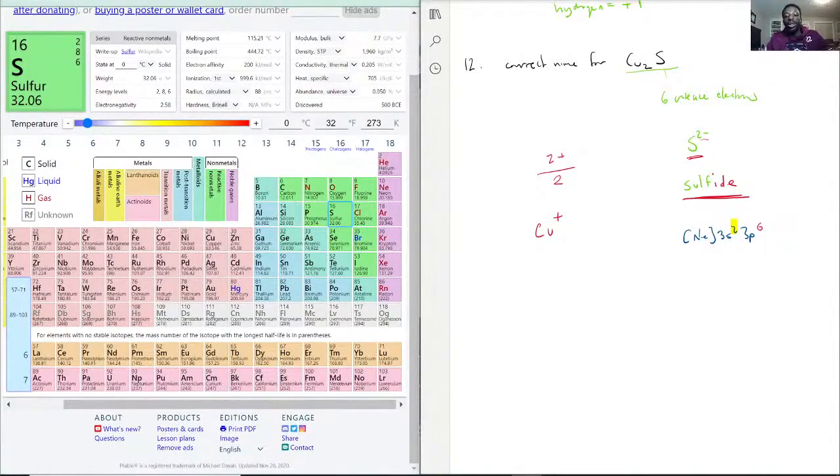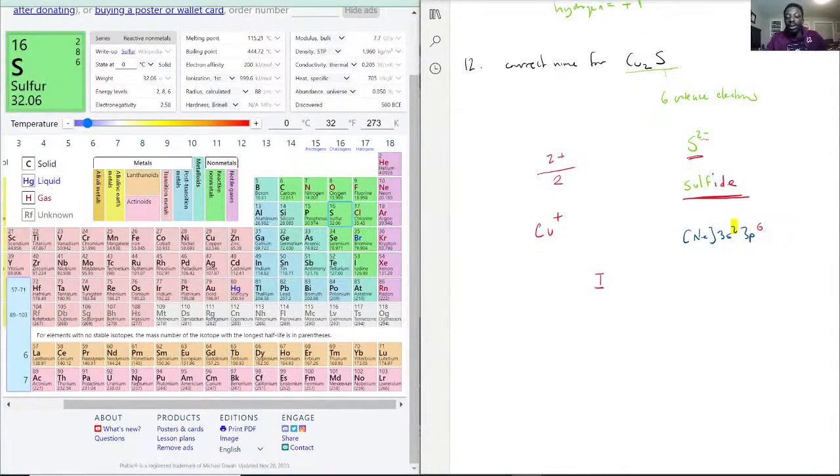When it comes to transition metals, there's a specific way to name these. You have to put in parentheses what type of copper it is, hence the charge. If it has 1 electron being lost, it'd be copper 1, with the 1 in parentheses, as a Roman numeral.